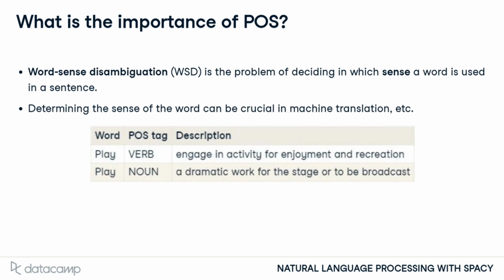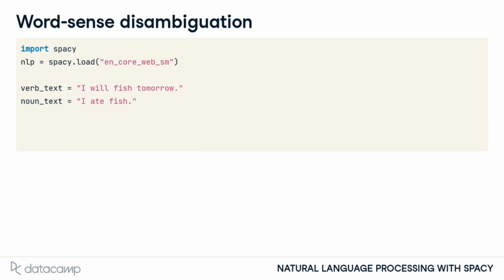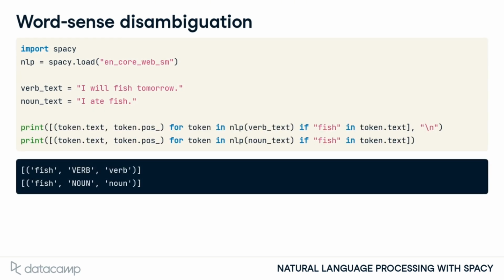For example, for the word play, the part-of-speech tagger can help with WSD when the tagger labels the senses of the word with a noun or verb depending on its context. Let's use part-of-speech tagging for WSD. We create a tuple of the token and the .pos_ tag by looping over each token in the doc container and check if fish is in the tokenized text.